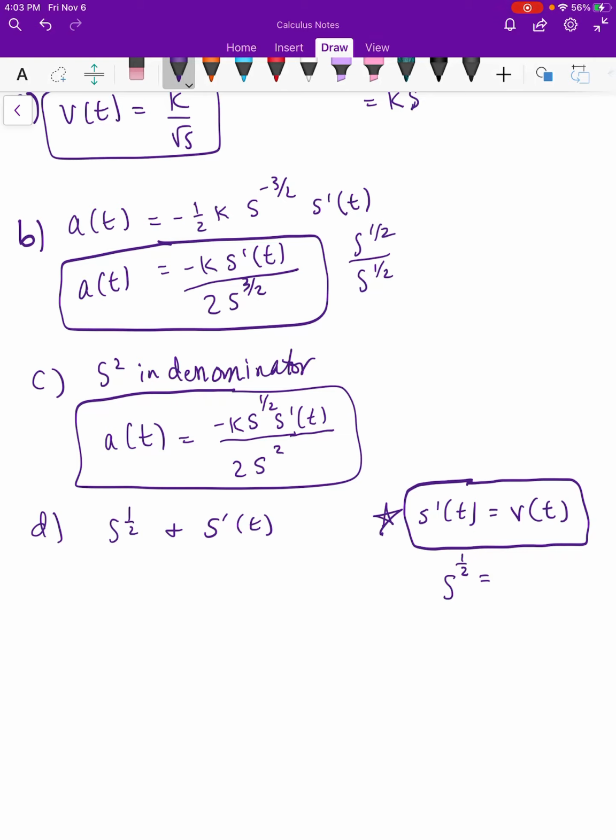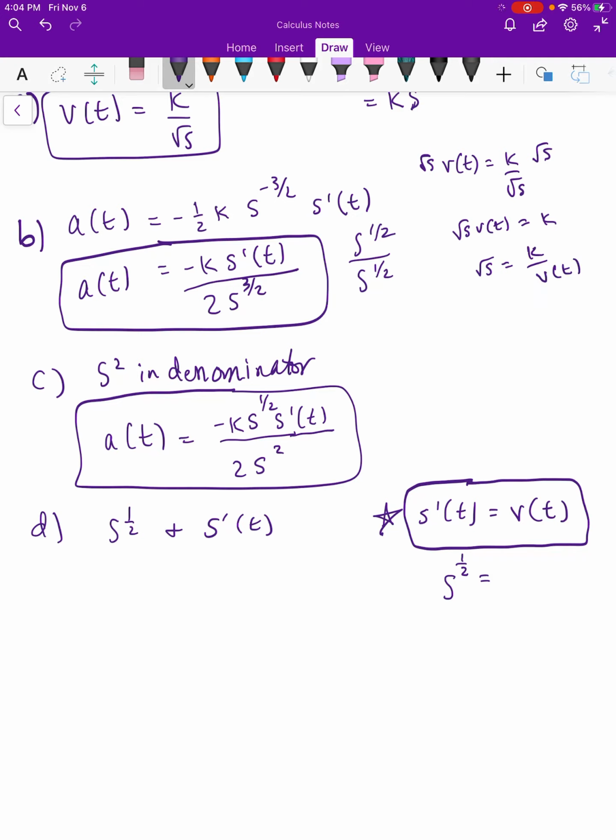So for that one, if you take this v of t and try to solve for the square root of s, you'd multiply by the square root on both sides. The square root of s times v of t equals k. And so the square root of s is going to be k divided by v of t.